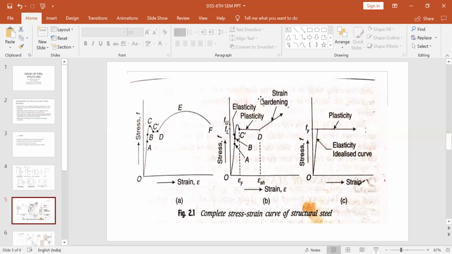Again, this has also been generalized and simplified. So these two graphs are nothing but simplified portions, meaning non-linearity is being simplified into linear curves. So a combination of elastic, plastic. This is the final stage. So this represents the complete stress strain curve of structural steel. This needs to be understood here. This is elasticity, the idealized curve. This is plasticity.